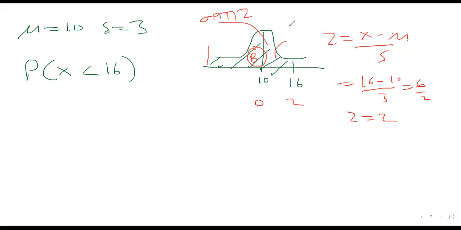The other table will just give you 0.4772. For the half table, since it's just giving you the reading from here to here, just add it to 0.5 because this one is 50%. But for you guys using the full table, just read it directly. Don't subtract from 1, because it makes sense that the whole area here is about 97%. All right. So are we together?